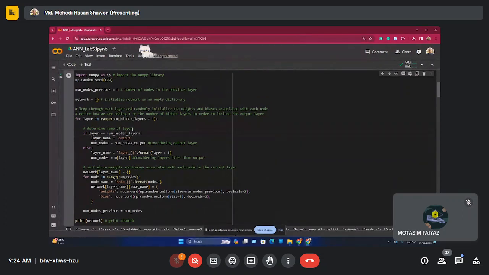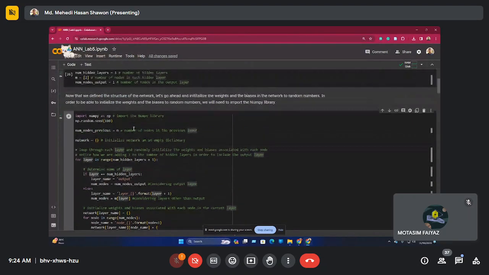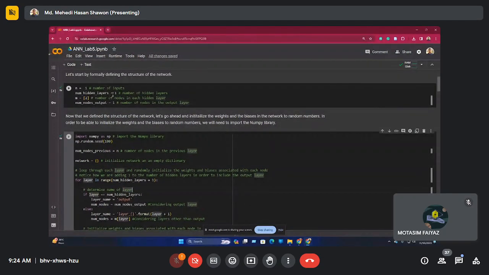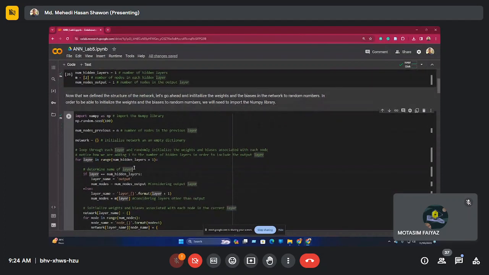Determine the name of the layer. At first we go through the layers. Suppose you have one hidden layer here, right? So we'll be going through that hidden layer. Starting from the input layer, you will have some weights from the input layer to the hidden layer, and some weights from the hidden layer to the output layer.